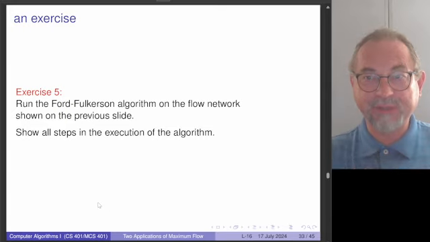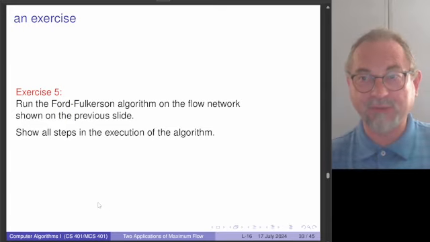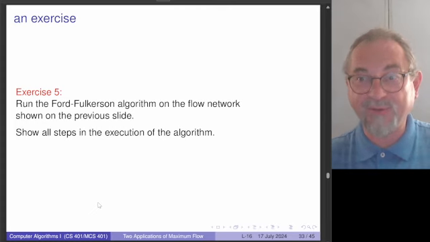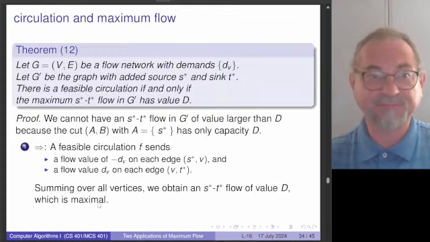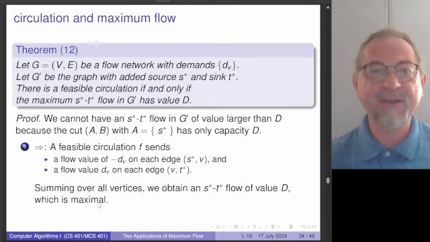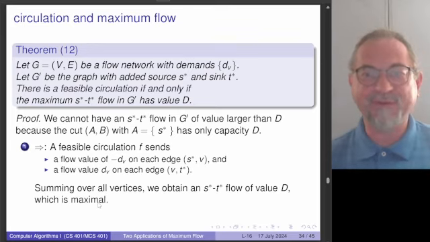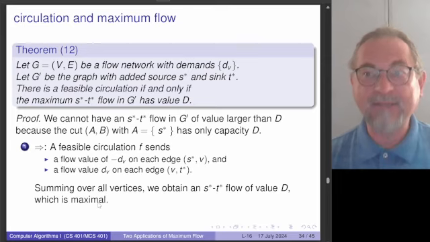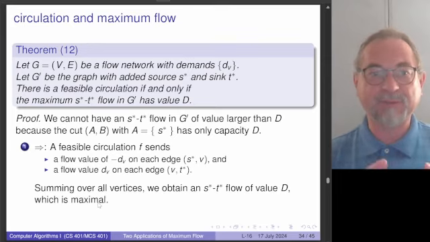What is the interpretation that you can give to the rerouting of the goods, the rerouting of the flow, when you go to an optimal solution? And what is actually the value of this optimal solution? Okay, so here it is. In some sense, the exercise should have been done before we arrive at this slide. Because we see that if we compute the maximum flow, then that maximum flow is the capital D.